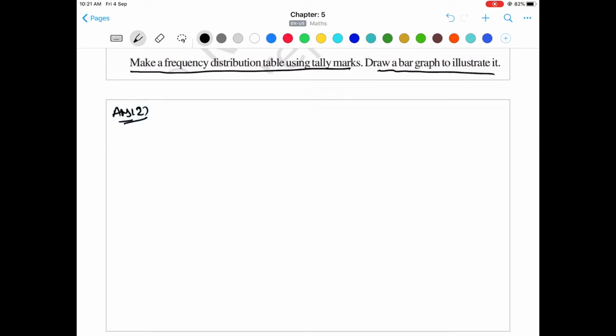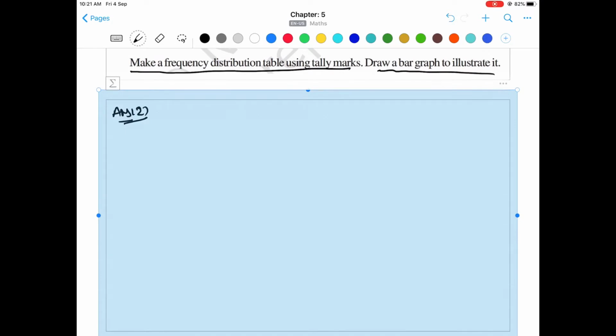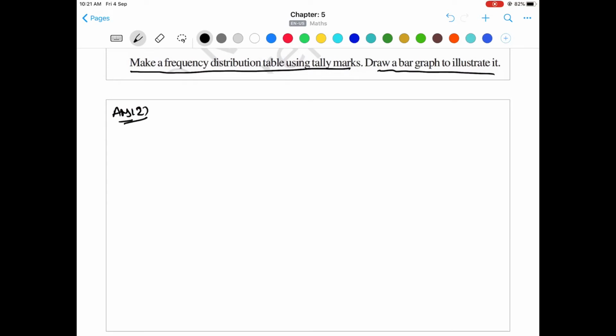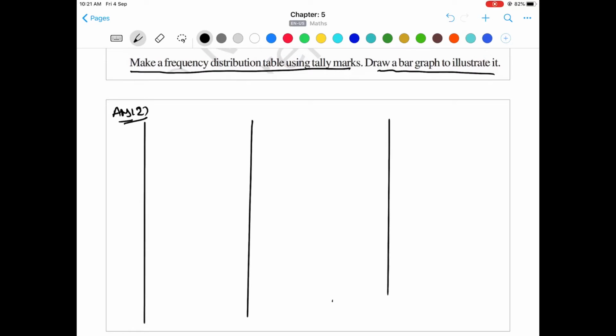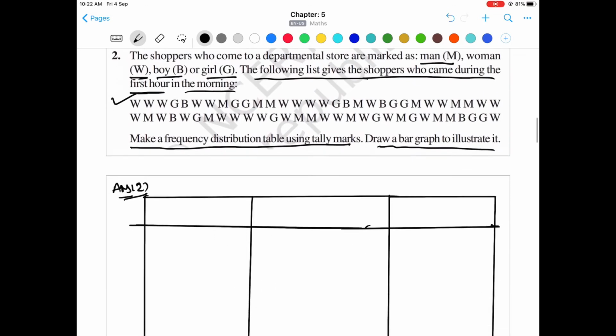Okay, so let's make a table first using pencil and scale, like this, and we'll make 3 columns, one for the shoppers, second one for the tally marks, and the last one for the frequency of the shoppers visiting the departmental stores. Okay, so let's complete this table. So that's a final table.